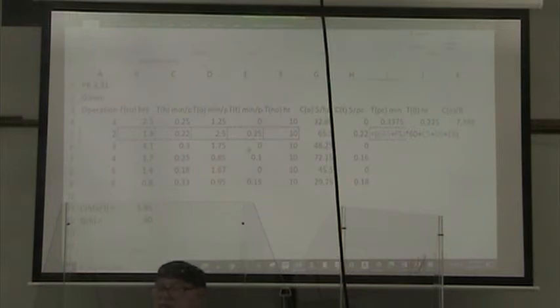Right parenthesis, times 40, right parenthesis again.